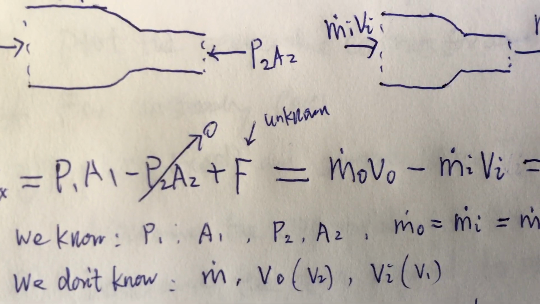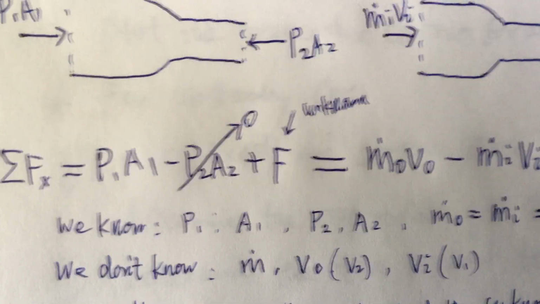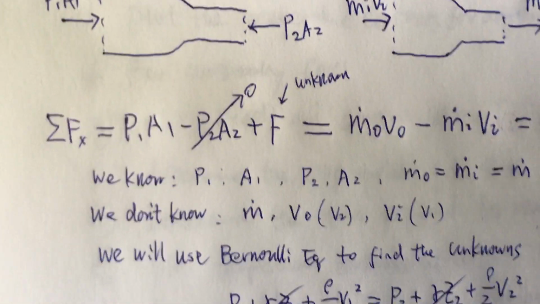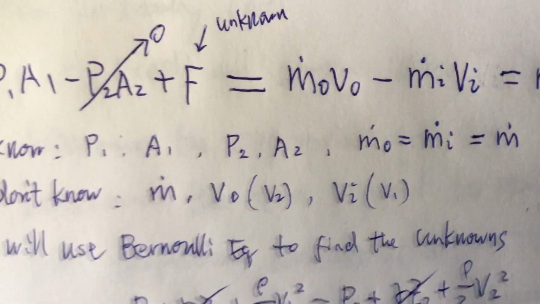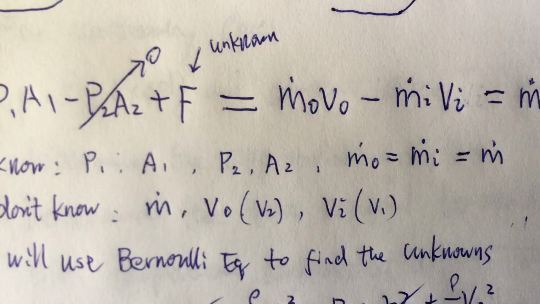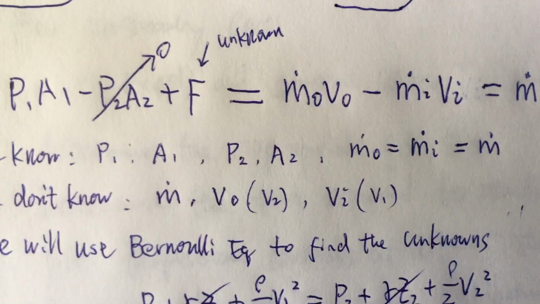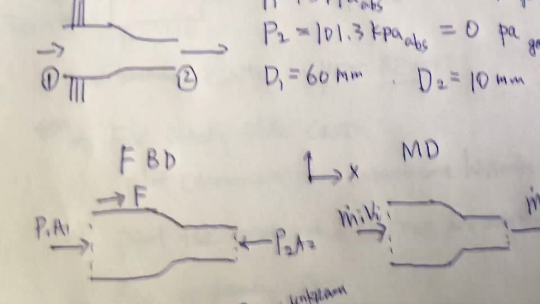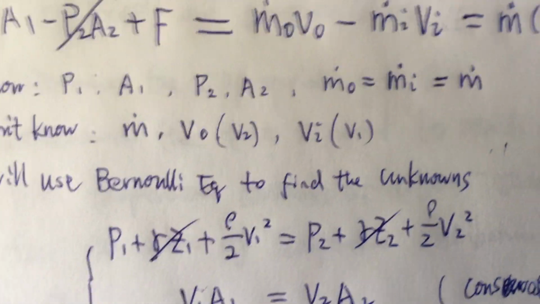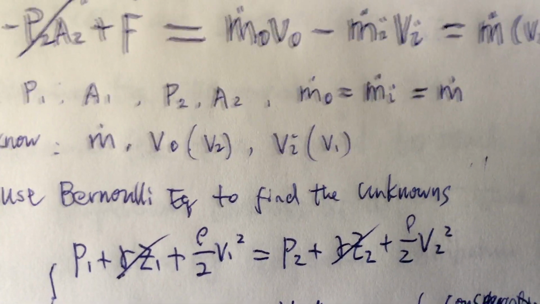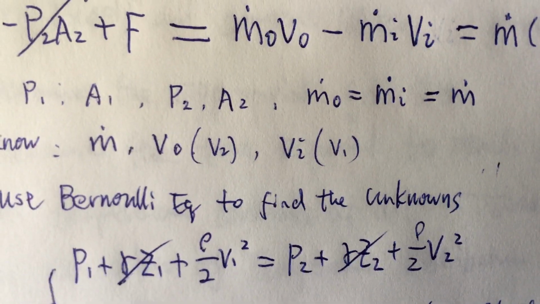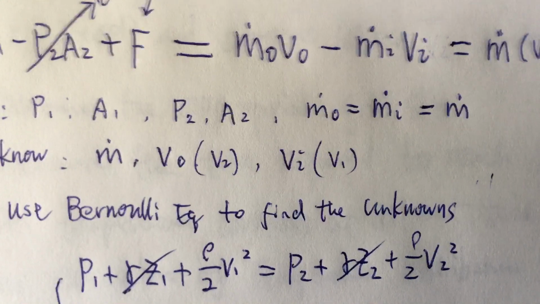So the principle, obviously, at this moment, is that you need to use the Chapter 6-2 Bernoulli equation, right? We use the Bernoulli equation to find the unknown velocities. So from location 1 and location 2, write down the Bernoulli equation. P1 plus gamma Z1 plus half rho V1 squared equals P2 plus gamma Z2 plus half rho V2 squared.